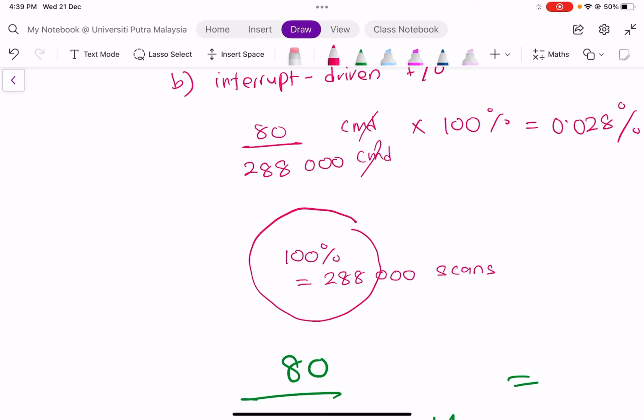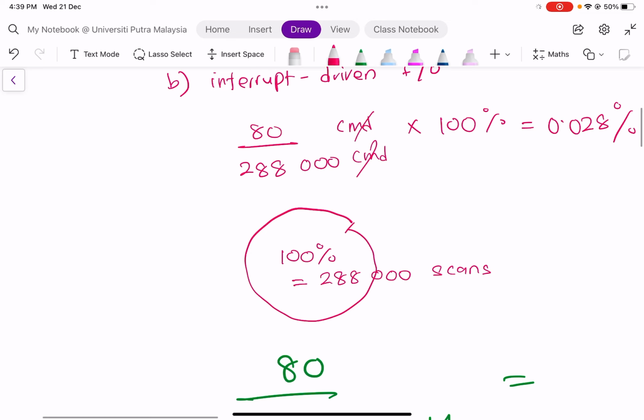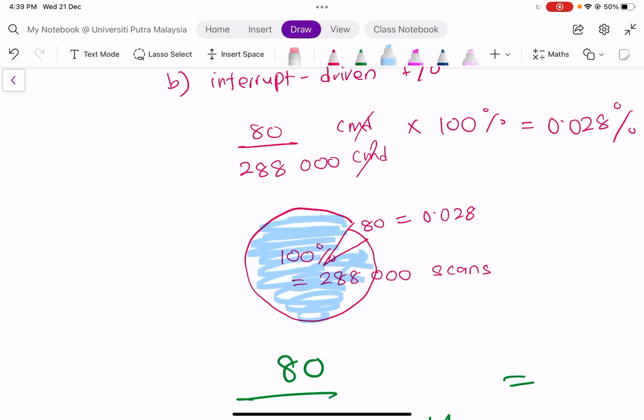Within this pie, I am only using 80 scans, which is equivalent to 0.028%. And therefore, how much is reduced? Basically, I am not using this part. I am only using this purple part.